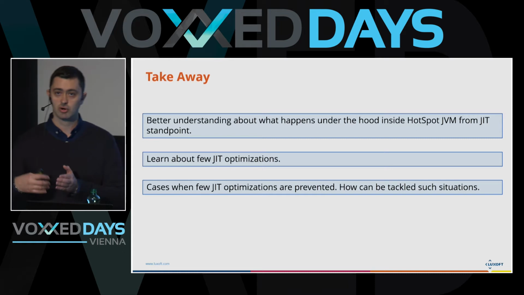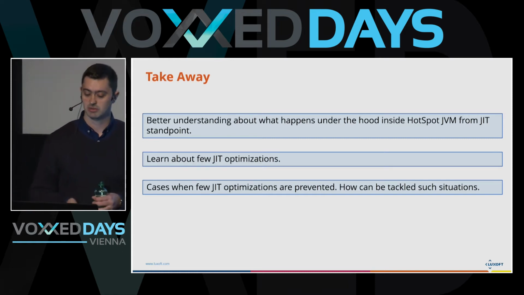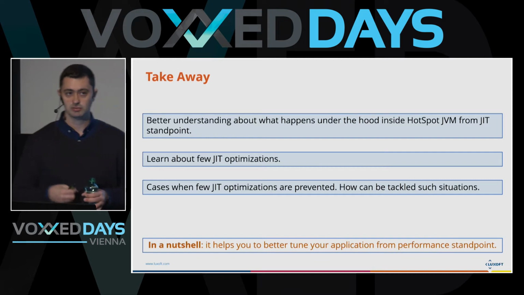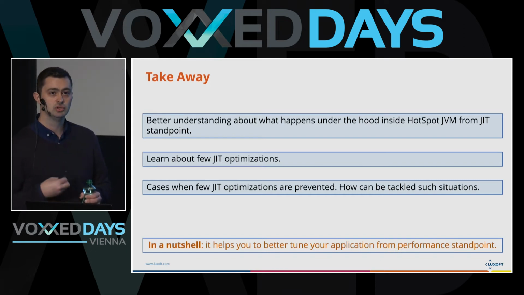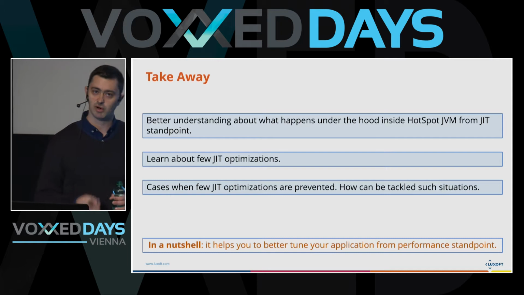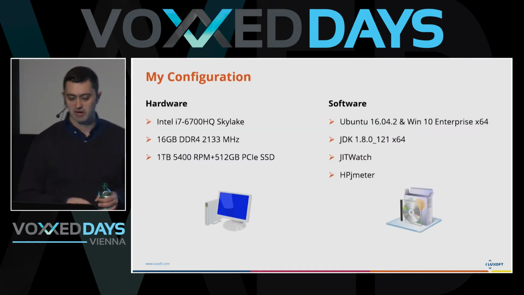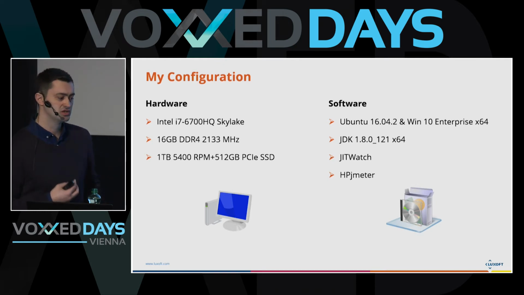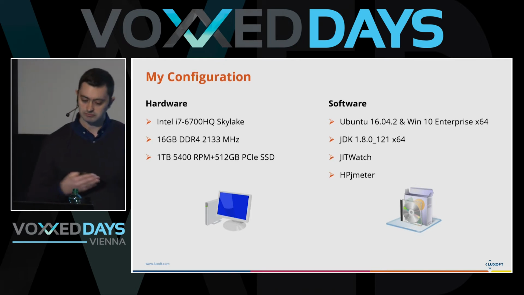So we will see some corner cases which prevent the just-in-time compiler from optimizing our code. In a nutshell, it will be useful for you if you want to squeeze the ultimate performance out of your Java application.